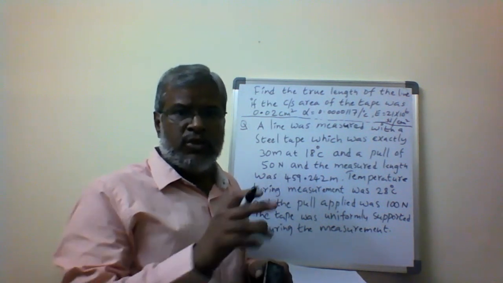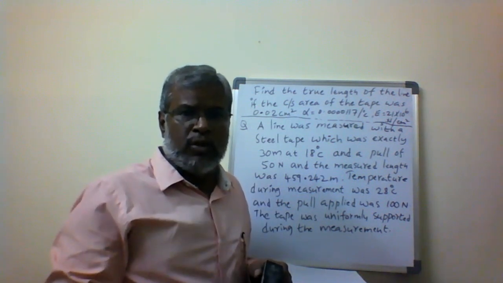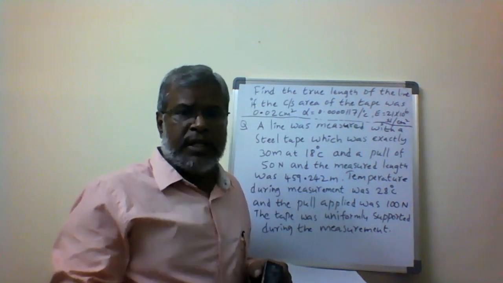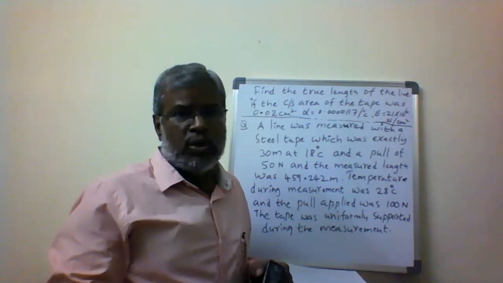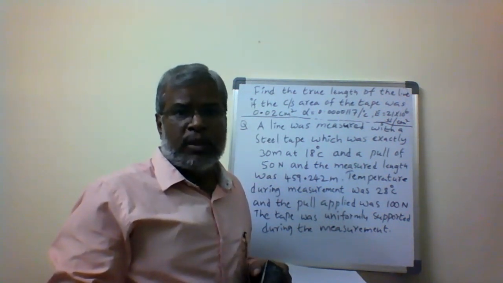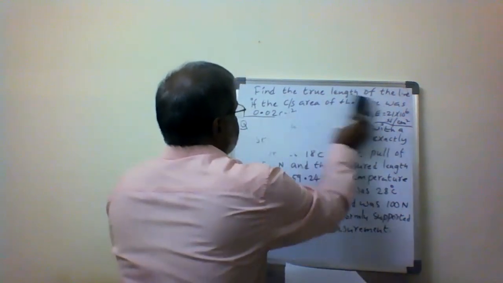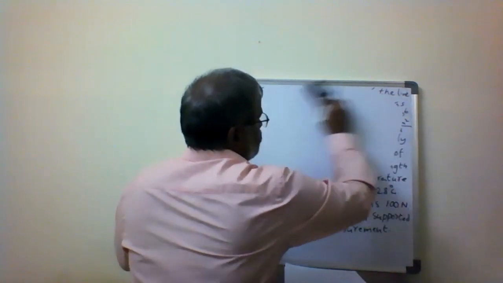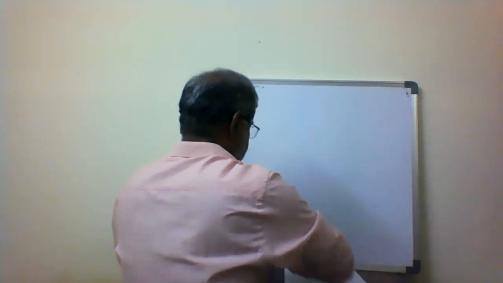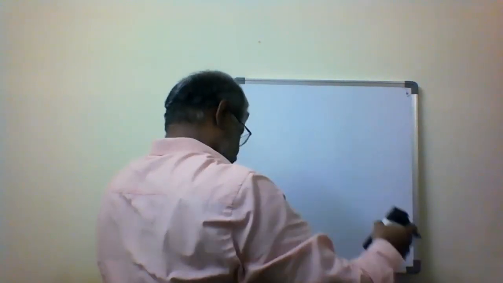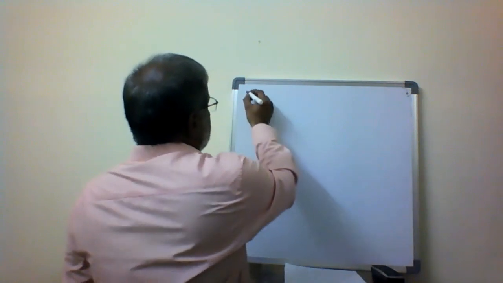From this we can find the corrections to be applied: first the temperature correction, next the pull correction. There is no sag correction because the tape was supported uniformly, so no sag occurs.